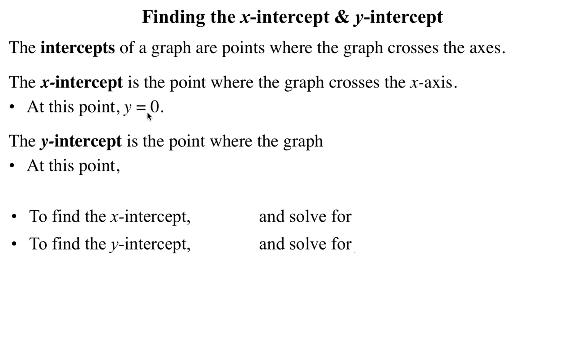So that's how we find it, by setting y equal to 0. The y-intercept tells us where the graph crosses the y-axis, and similarly you're going to do the opposite and let x be 0. So to find the x-intercept, set y equal to 0, solve for x. To find the y-intercept, set x equal to 0, solve for y. So that's how you find the intercepts algebraically.